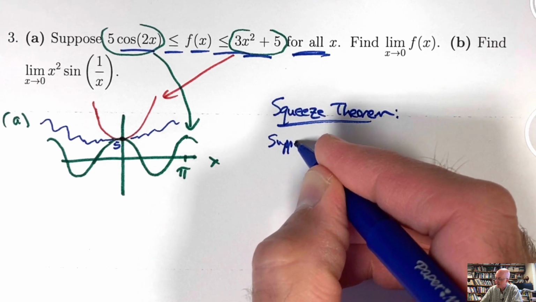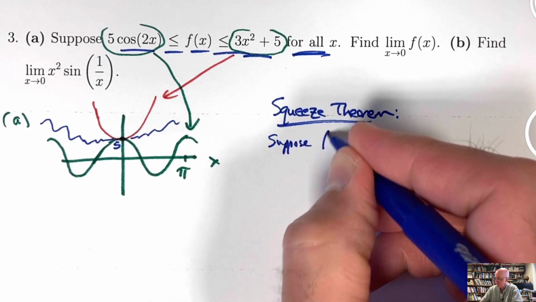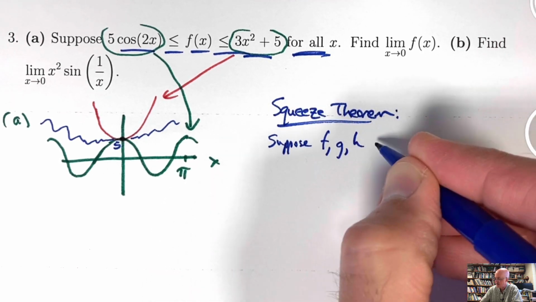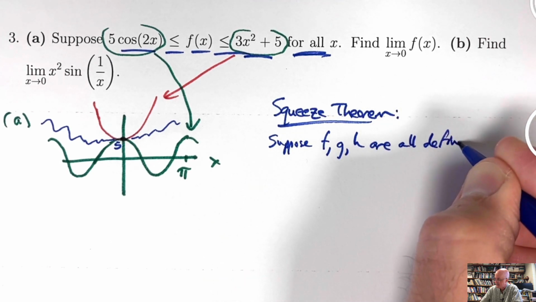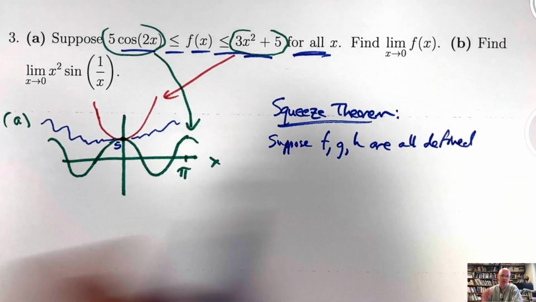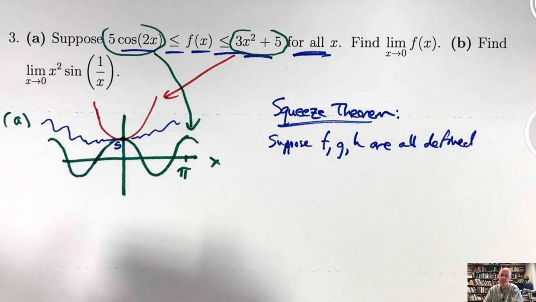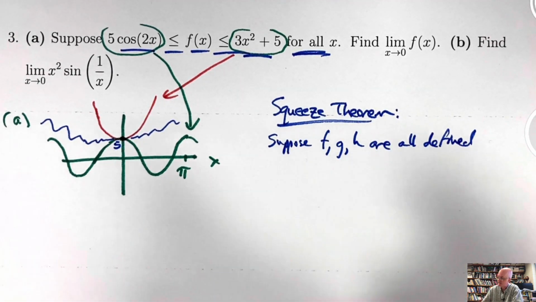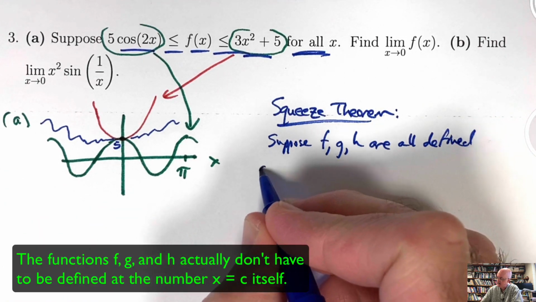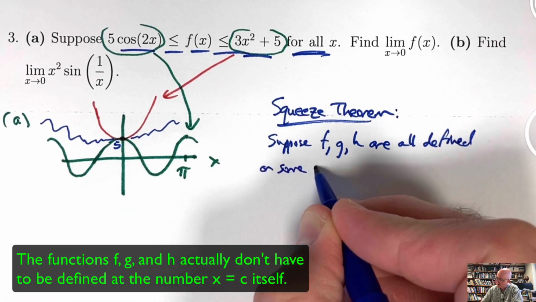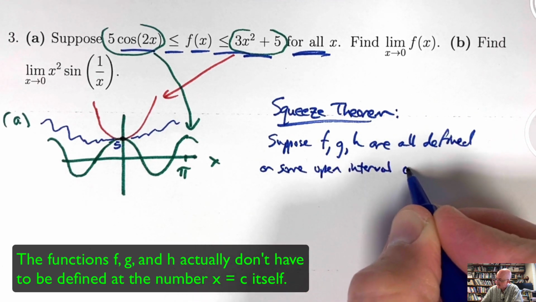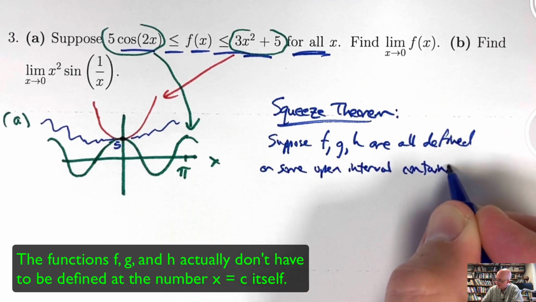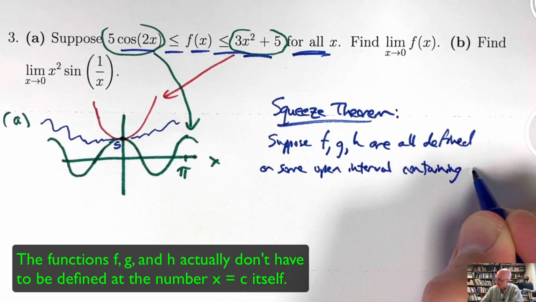Suppose we've got 3 functions. f, g, and h are all defined on some possibly small open interval near some number called the number c, containing the number x equals c.